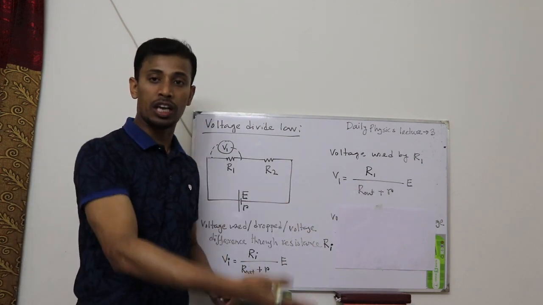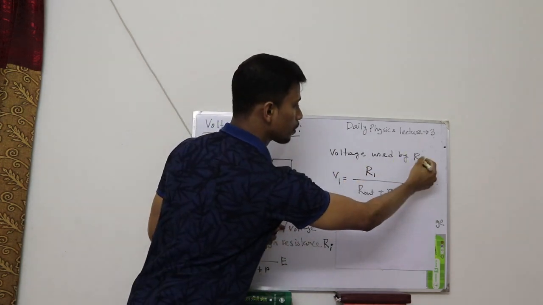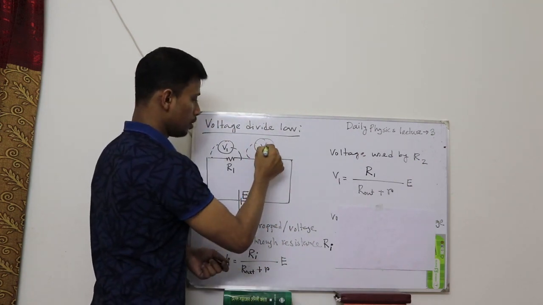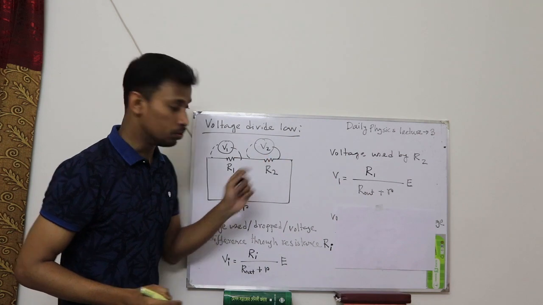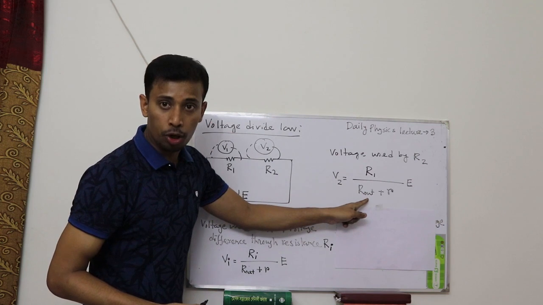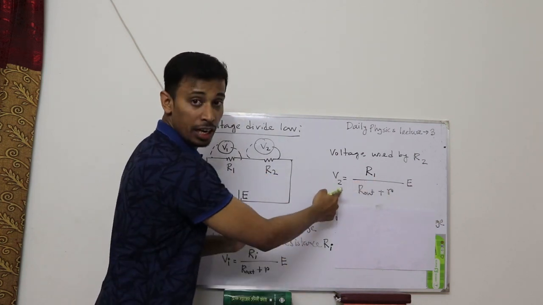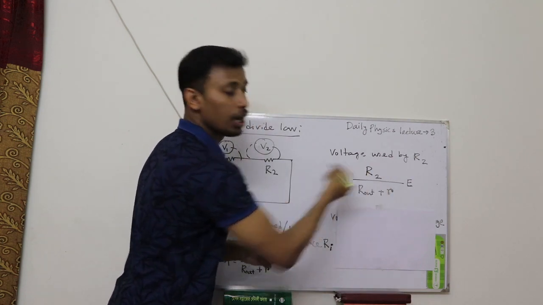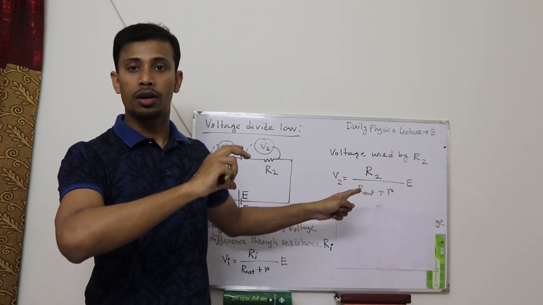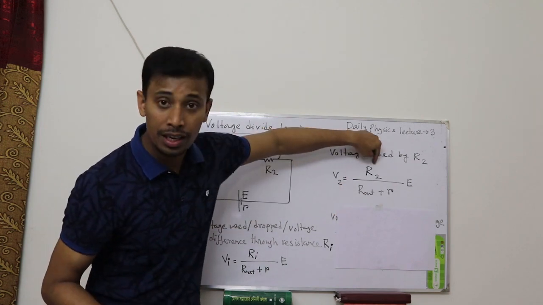Similarly, if the question asks for the voltage used by R2, suppose it's V2, then V2 equals R2 at the top, and at the bottom R out plus r multiplied by E. If it's the voltage used by R3, V3 will have R3 at the top.